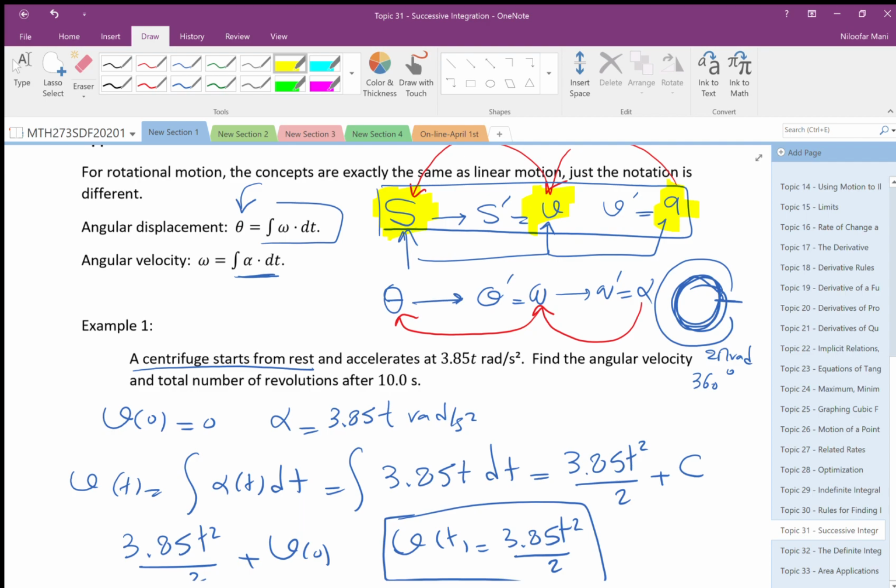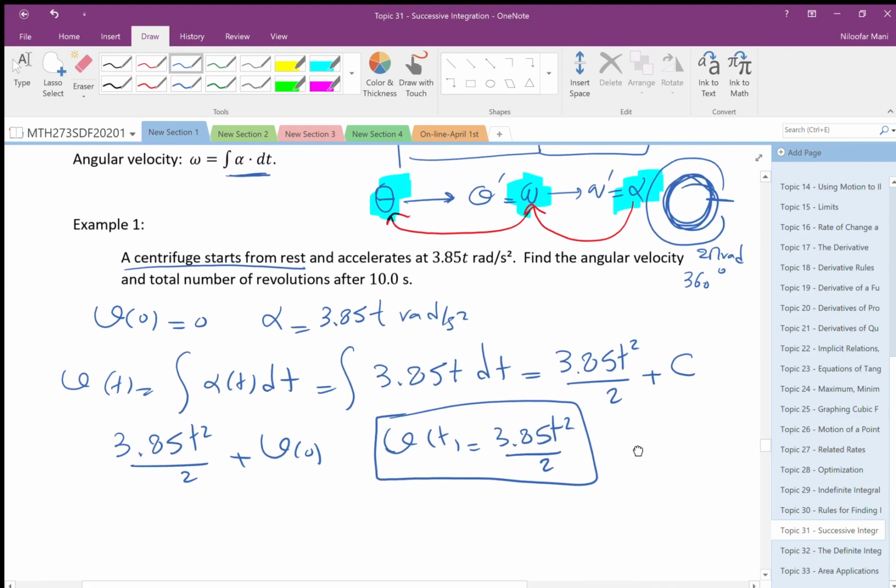The derivative of theta, angular displacement, is omega, angular velocity, and the derivative of that is angular acceleration. Now I can do the same and go backward using integrals, from this to this, and by integral to this.